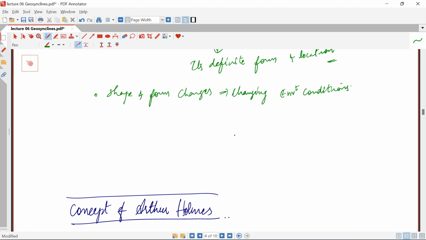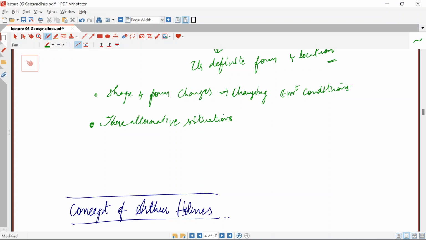So there are various alternative situations of geosyncline. That means they can form in different settings.